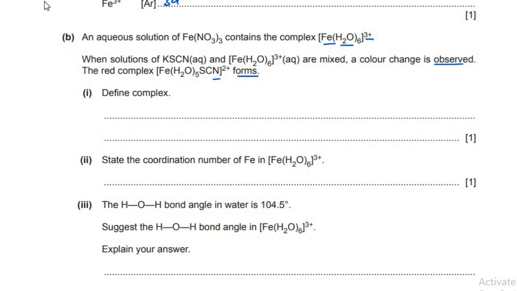Define the complex. Now if you look here, this is called the complex. What's there? There is a transition metal surrounded by the ligands, with a charge. The complex can be neutral also. So how are we going to define a complex?